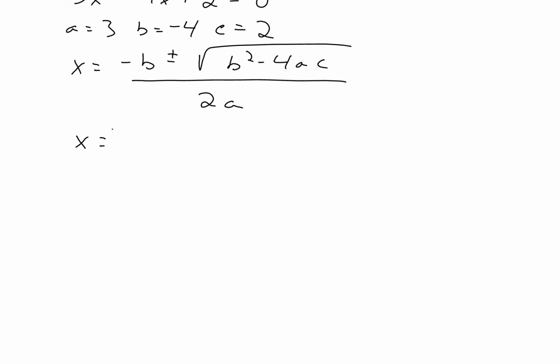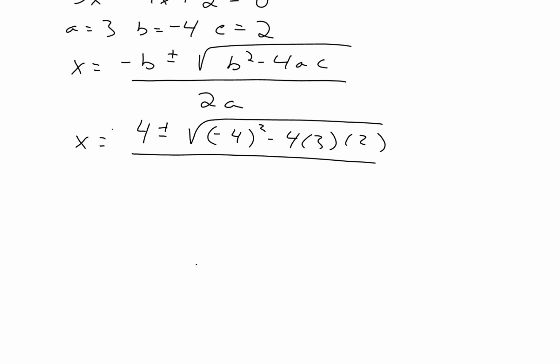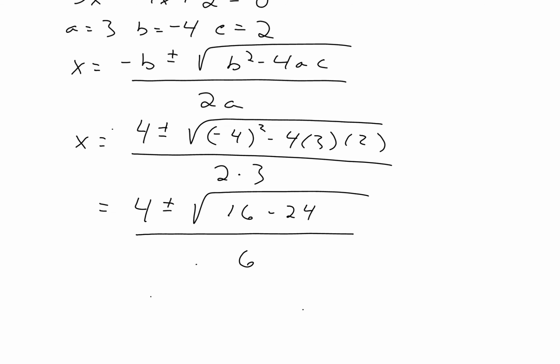So x is going to equal the negative of -4, which is positive 4, plus or minus the square root of -4 squared, minus 4 times 3 times 2, all over 2a, or 2 times 3. So 4 plus or minus the square root of 16. 4 times 3 is 12, times 2 is 24, all over 6.